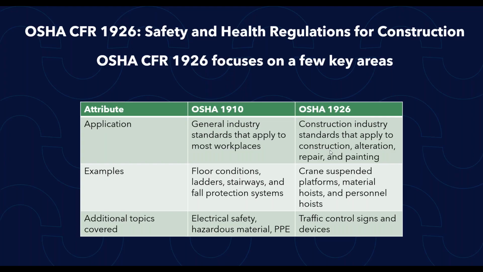All those same things are covered again in OSHA 1926, but with a focus on these more dynamic outdoor environments and traffic control signs. This is pretty unique to the construction world, that we might be doing construction out on the roads, right? How to properly, safely and adequately conduct traffic control with different signs and devices is covered. So that gives a little idea of the compare and contrast there.